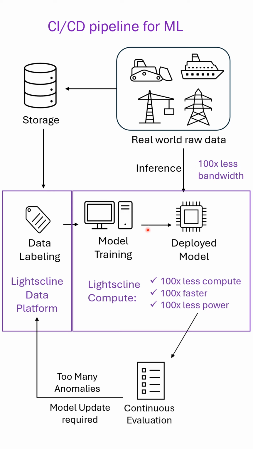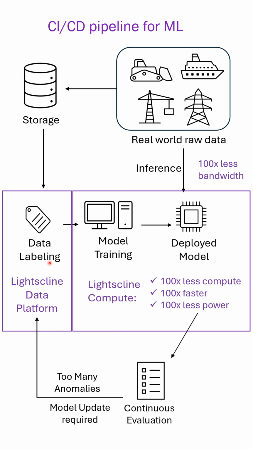The second thing is the labeling of the data, which is also where we can help. We can cluster similar groups of data, and this makes it easier for a human labeler.